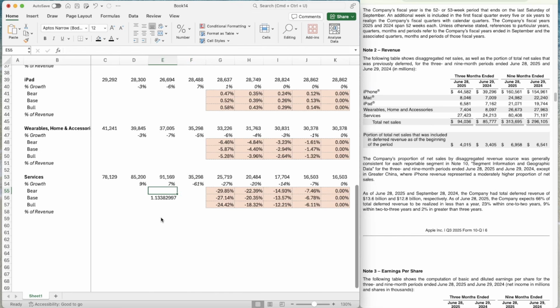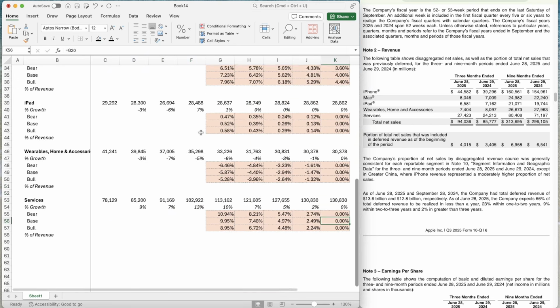No, sorry, I've done that wrong again. 71,197. This section, I think we can actually put quite a big growth rate on. 9713.